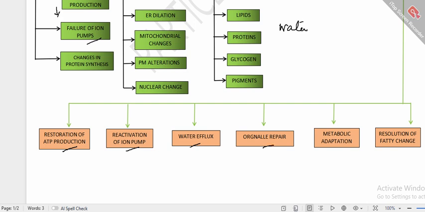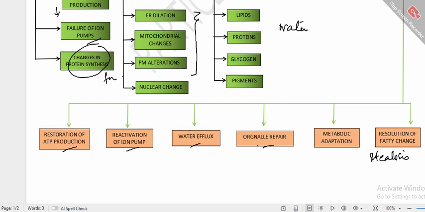Organelle repair: the organelles that showed changes and were not properly functioning, their repair is taking place. Metabolic adaptation, or changes in protein synthesis which took place in the initial response, is coming back to its normal functioning. And the last one is resolution of fatty change or steatosis, which is also coming back to normal.